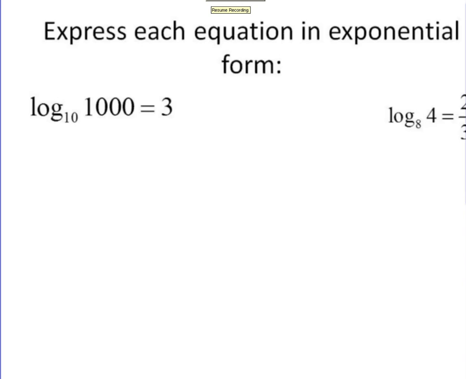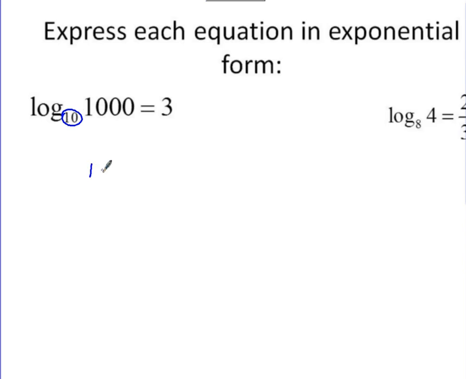All right, on this next part, we're basically going to go the other direction. We're going to go from the logarithmic form that's given over to the exponential side. So if you think about what we just did, now just go in reverse. We want to start, since we're building something exponential, with the base value here on the logarithm.